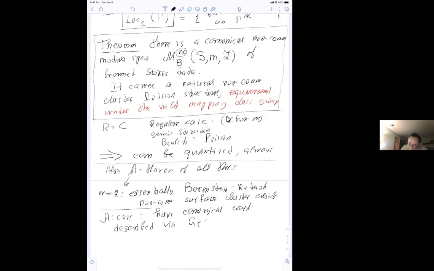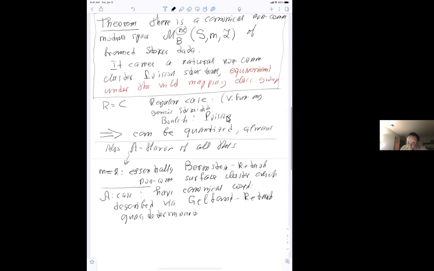These are the Gelfand-Retakh quasi-determinants. And so they appear very naturally in the story, and moreover, they appear together with their properties, so you don't have to worry about formulas. Geometry suggests to you what's going on.